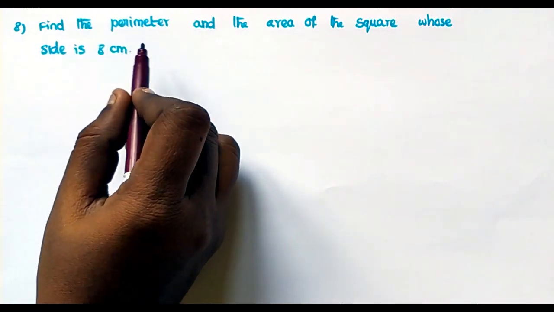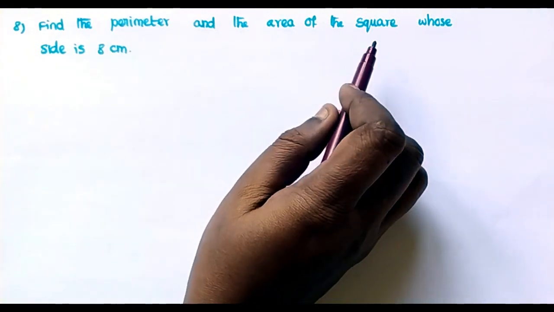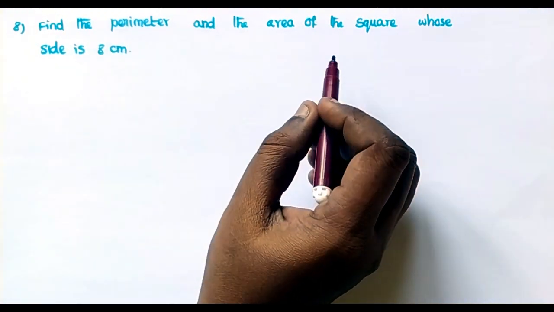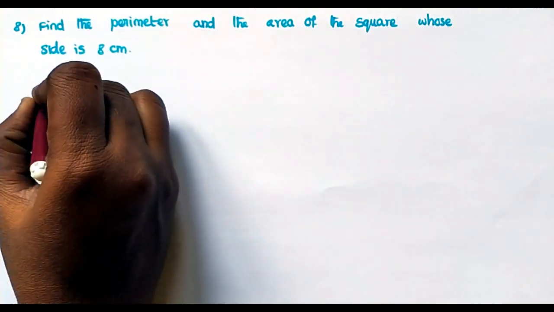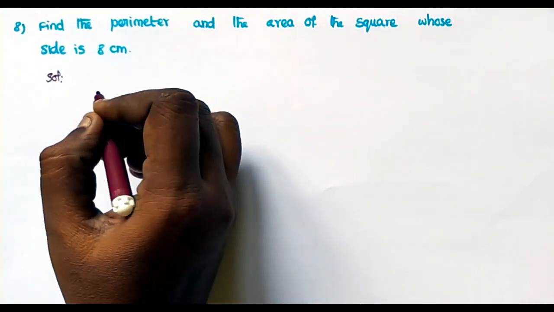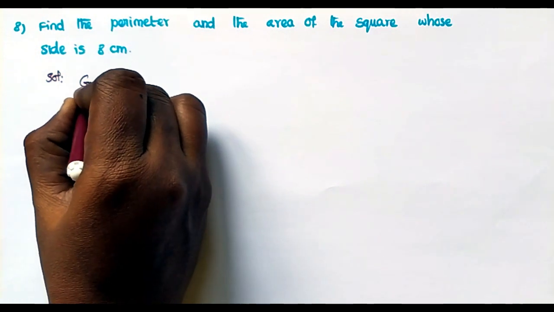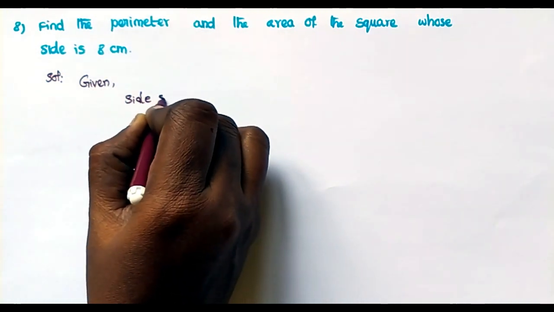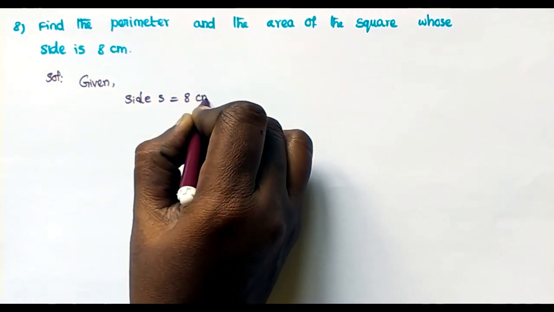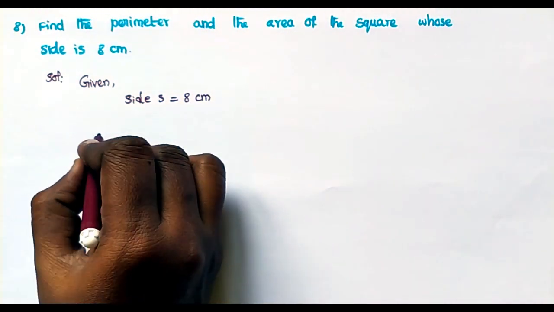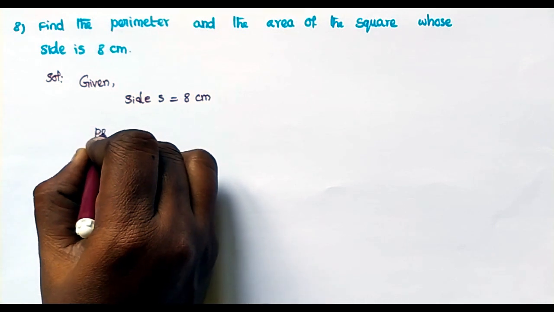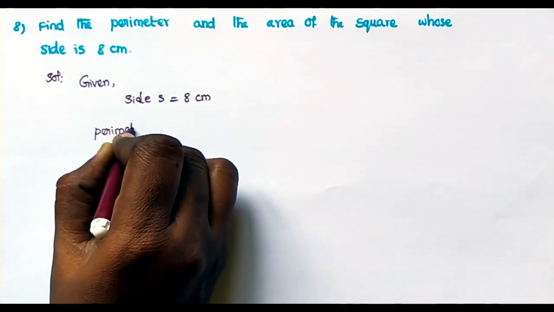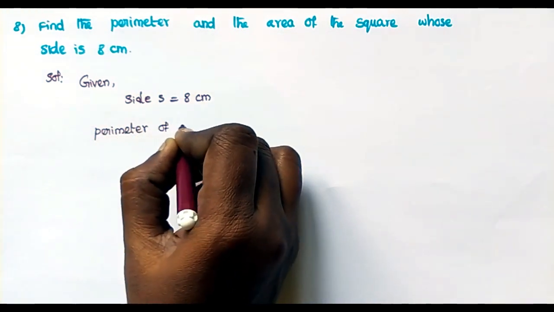Eighth sum. Find the perimeter and the area of the square whose side is 8 centimeter. Listen, they given side S equal to 8 centimeter. Now we have to find out the perimeter of square.